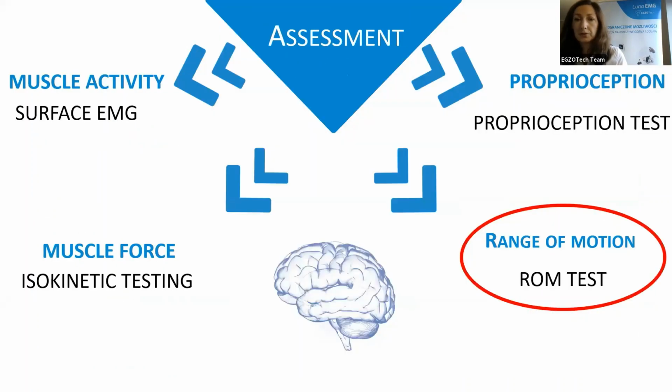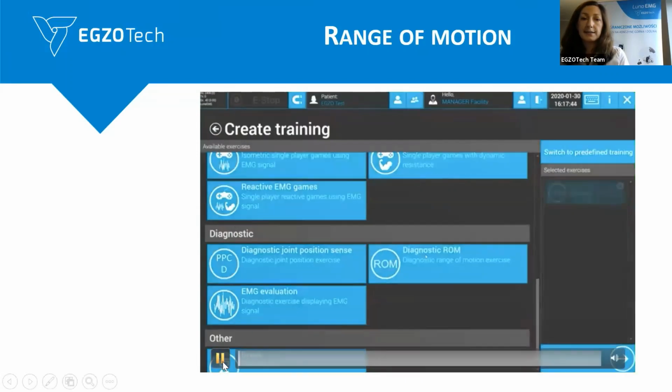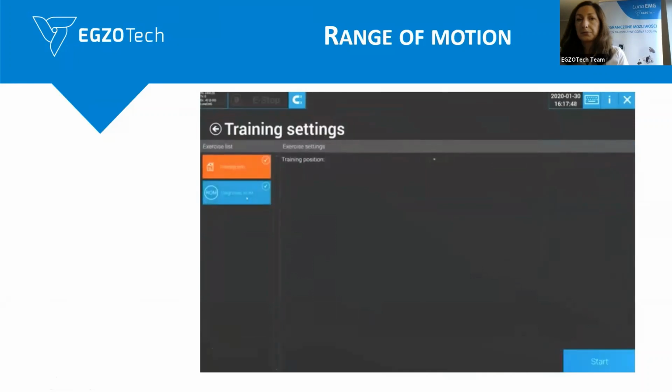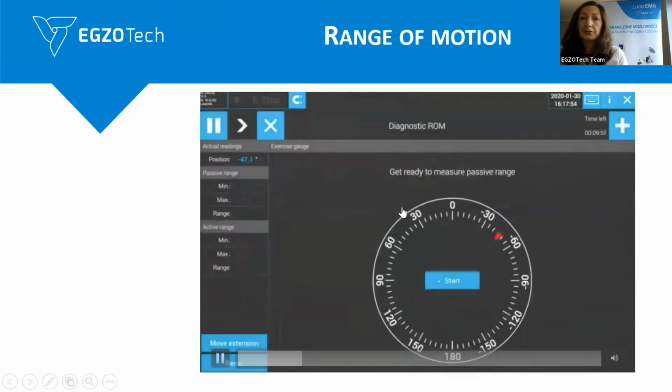Range of motion: for that purpose we created the diagnostic range of motion test, and for this purpose we can have the passive and the active mode, and it's applicable for all the extensions.